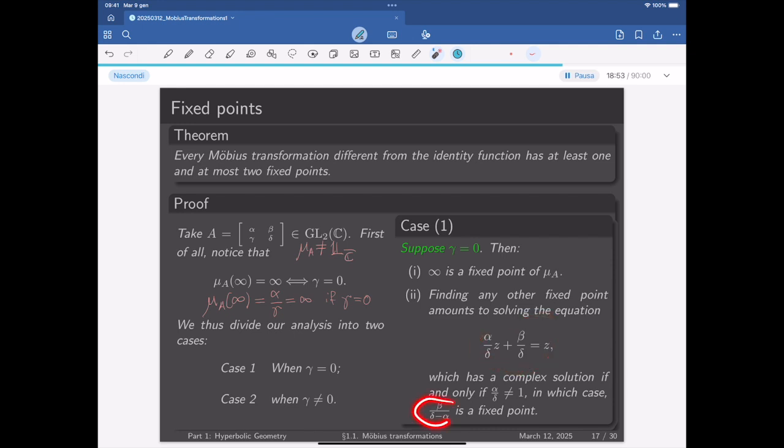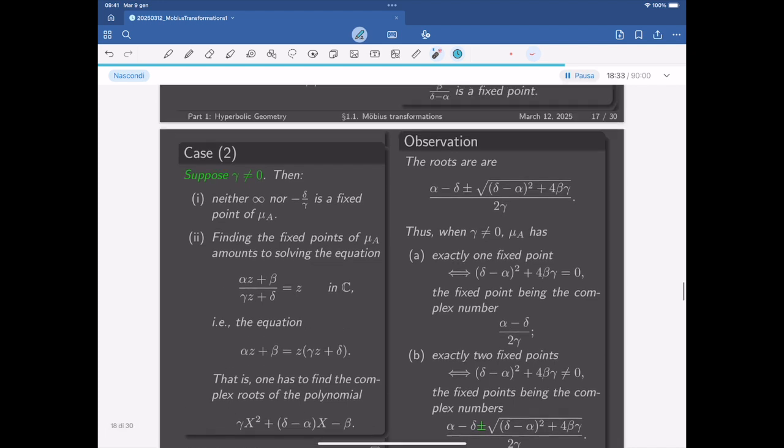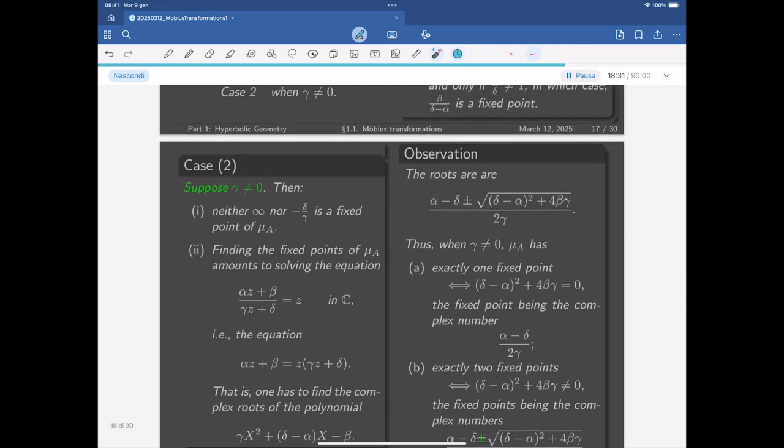And I can compute it if it's an equation of actual degree 1. One of the points being that the fixed points are computed explicitly, right? Explicitly in terms of the matrix. That's kind of one of the points I want to emphasize.